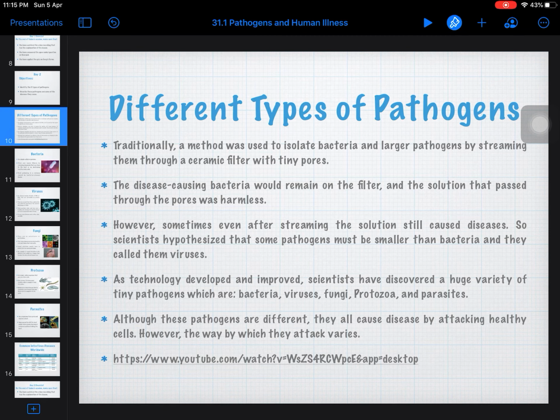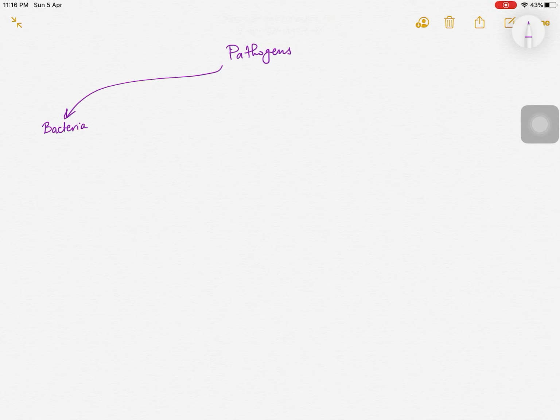So, the pathogens discussed here are of 5 types. The first type is bacteria. As you all know, bacteria are unicellular organisms. They cause illness in 2 ways.